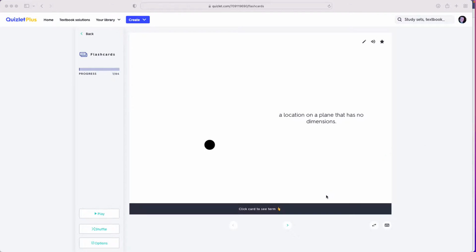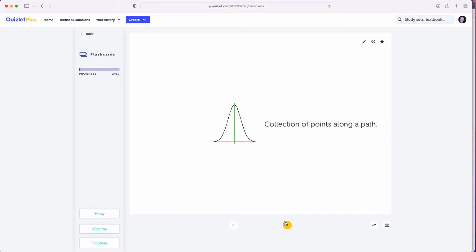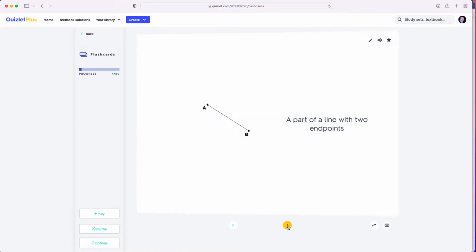So we know that a location on a plane that has no dimension is a point. A collection of points along a path is called a curve. A straight curve, which is a collection of points that do not change in height or depth, that is a line.